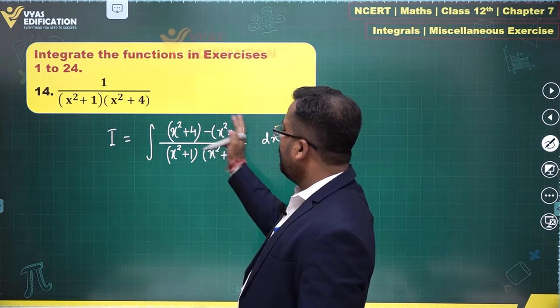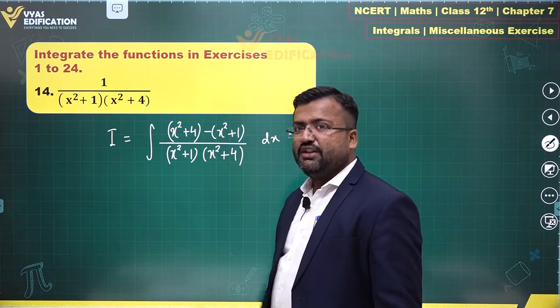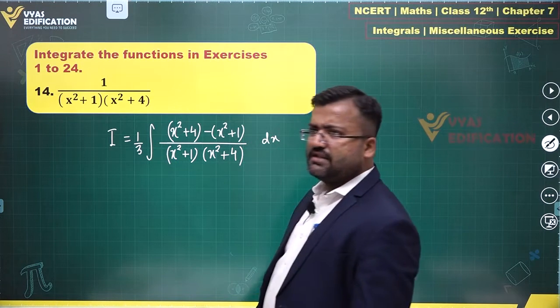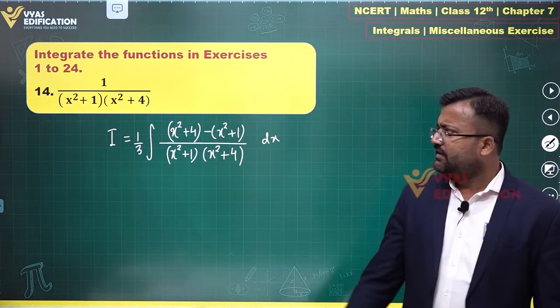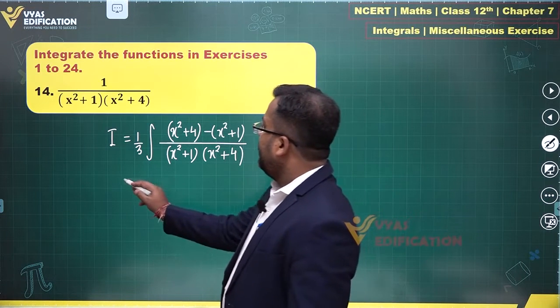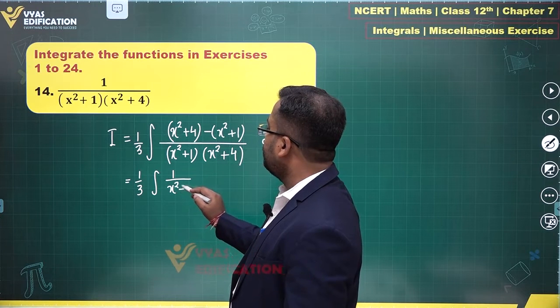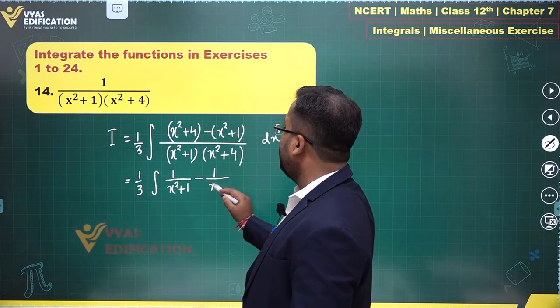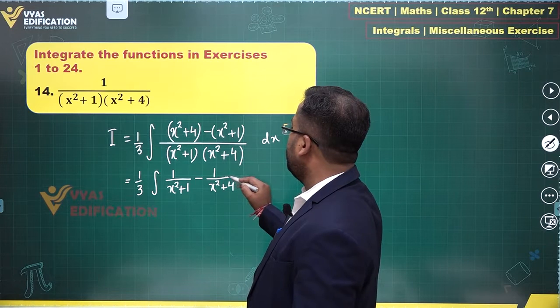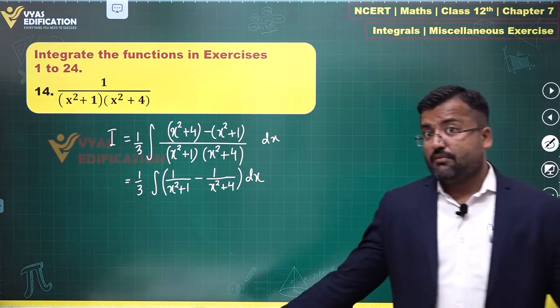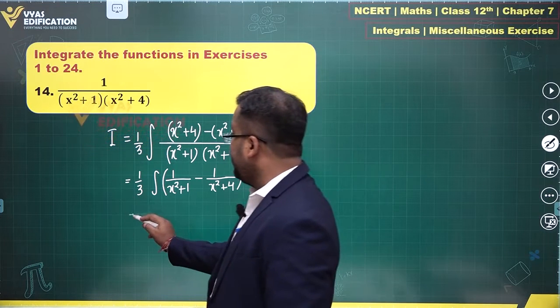What have I done over here? I have simply multiplied with 4 minus 1, 3. So if I have multiplied by 3, let's divide by 3. Once I do that, this becomes integral of 1 upon x square plus 1 minus 1 upon x square plus 4. After separating the two terms, this is what you get. And 1 by 3 is okay.